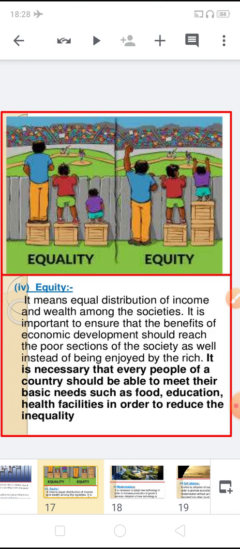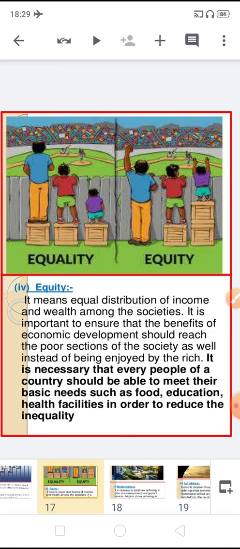Equal distribution would mean every individual in society gets the same share in the country's national income. It would imply a situation like when a doctor gets the same salary as a clerk in the hospital, and no society would ever see a situation like this.